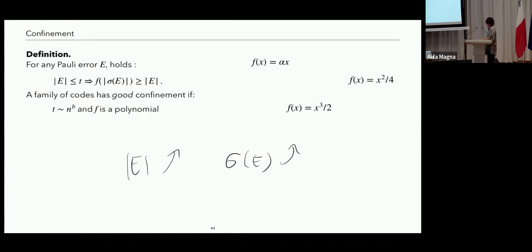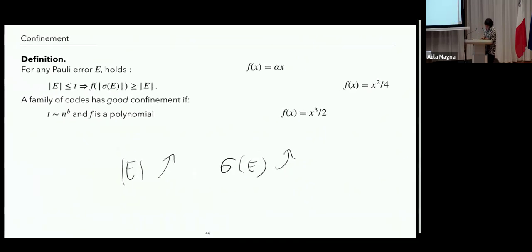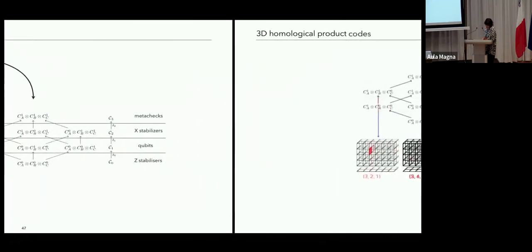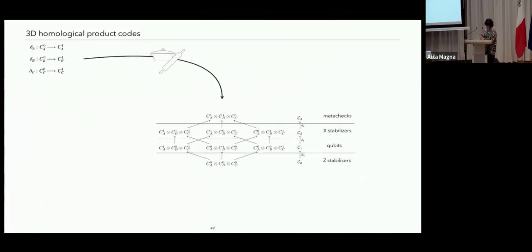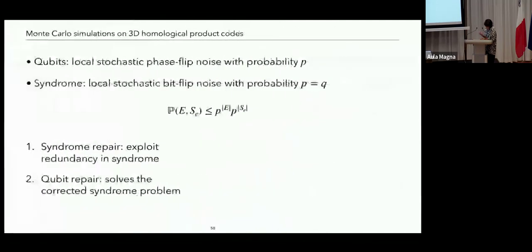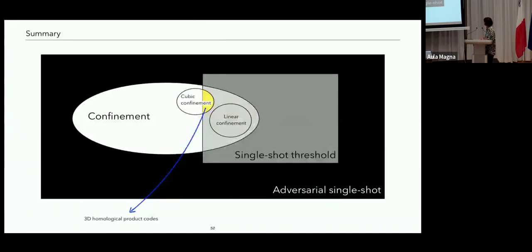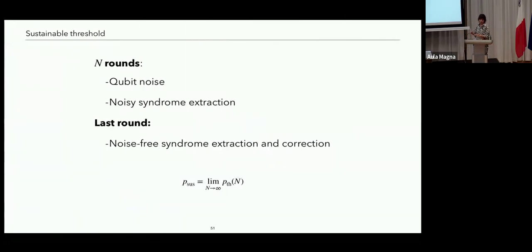And one topic and one question that people ask themselves quite a bit is this: we know examples of codes and decoders that have this single shot property, but we don't know how to devise a protocol in general that is single shot.